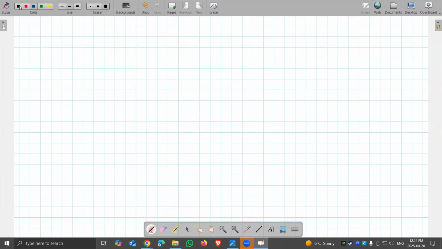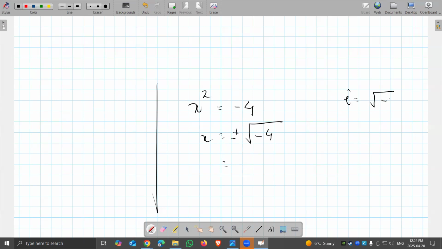But here's where I was going with the negative 4. It doesn't apply to exponentials, but it would apply to this one. It doesn't apply to the exponential because you're not taking the square root of a negative number. So here, when you take the square root at this level, the square root of anything is plus minus. This is what I was trying to tell you. i in the complex number system is the square root of negative 1.